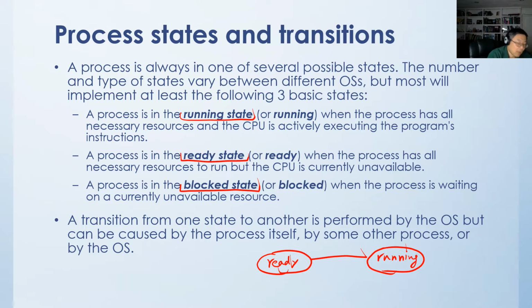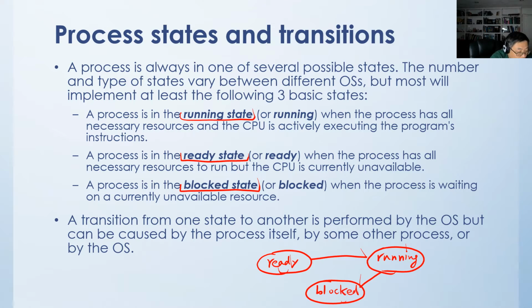So the CPU keeps fetching the instructions from this program, and then suddenly one of the instructions asks the program to use the I/O or other hardware devices. Then this process may block itself because it's not going to use the CPU. It may use some of the peripherals. So that's called the blocked state.